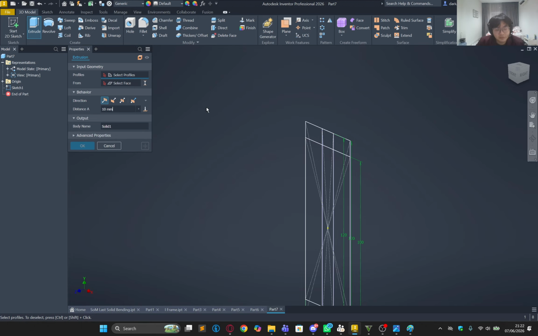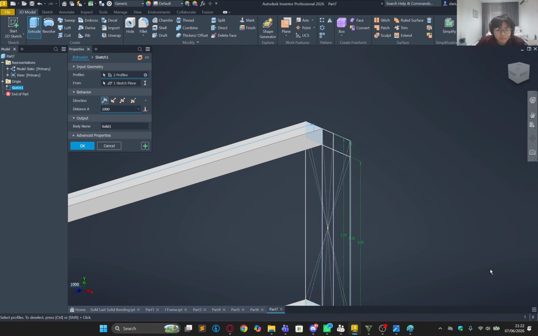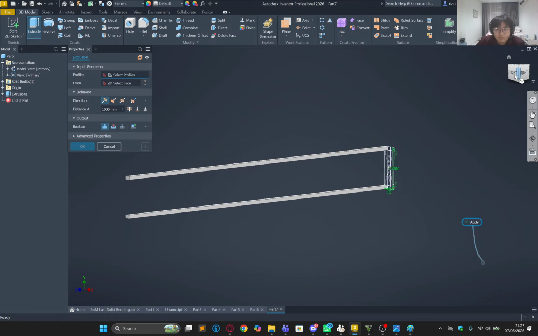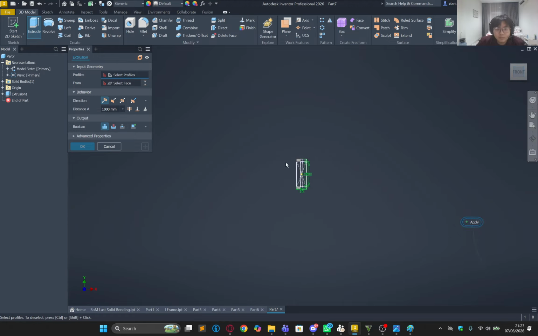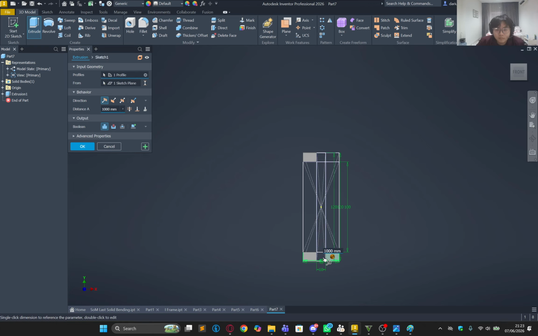Then we just simply extrude it like before. And done.